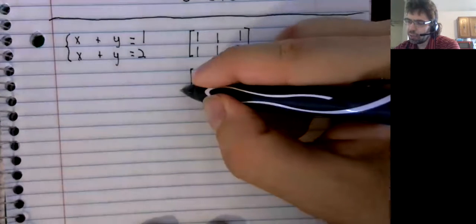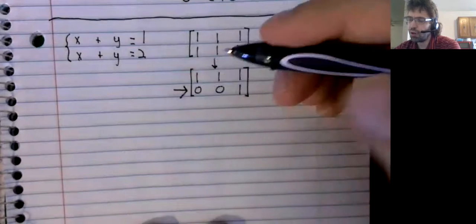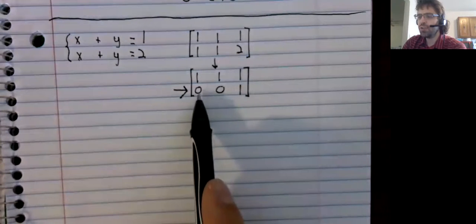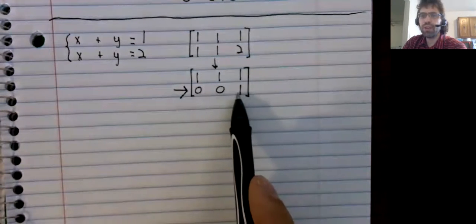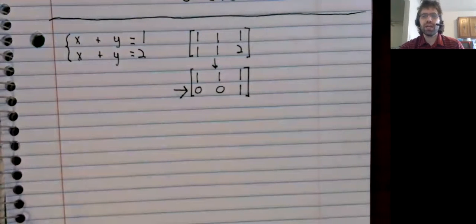And now that this is in row echelon form, you see a row with this form, confirming that no solutions exist.